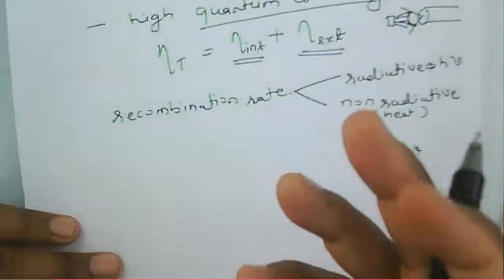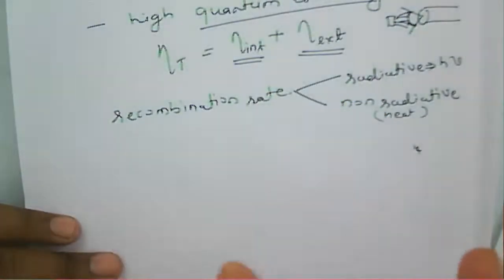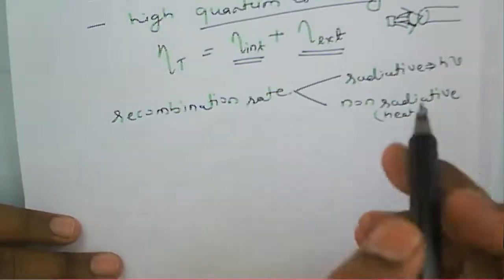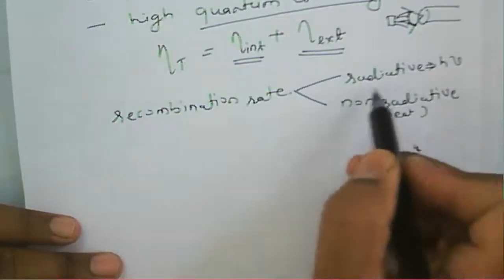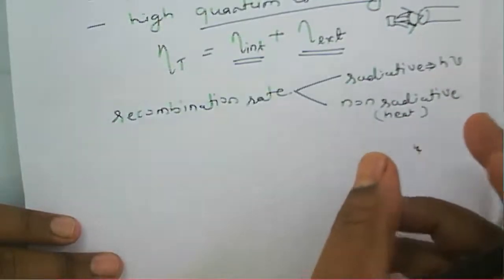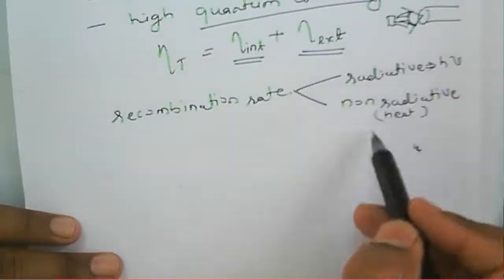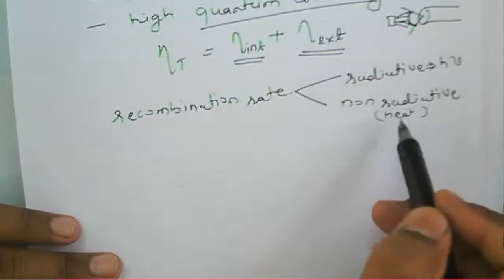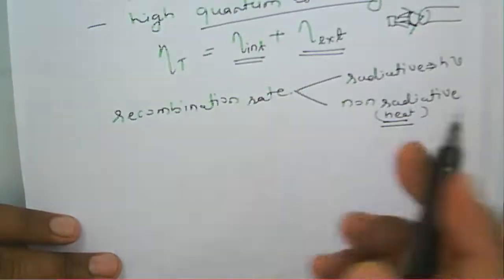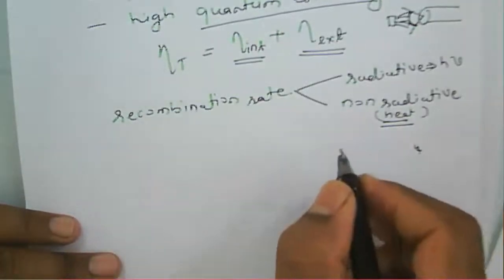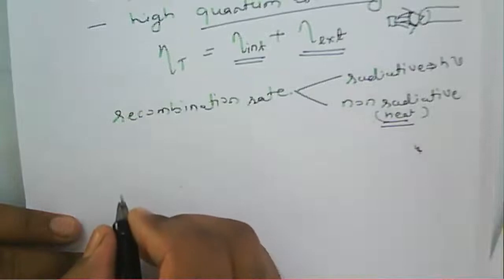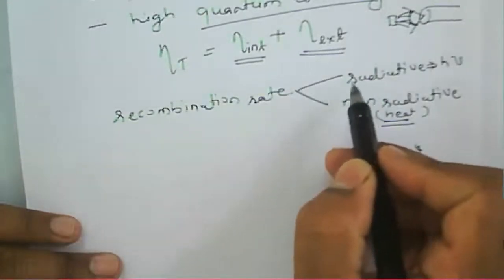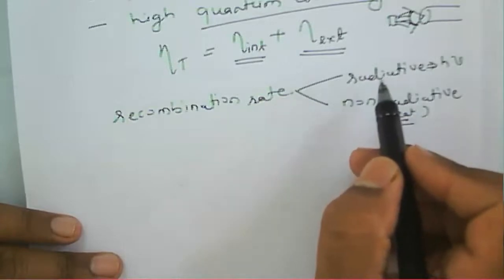Means recombination in that region takes place at a particular junction, but whatever the emission from this device, it will be absorbed as heat inside the material. That is nothing but the recombination rate, and due to the recombination, heat will be generated there. But in the case of radiative recombination, it will emit a photon of energy.